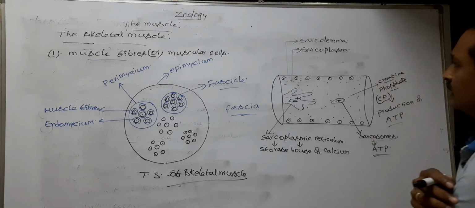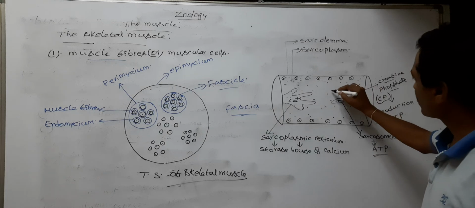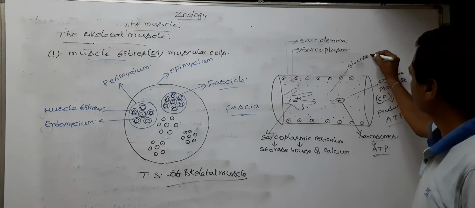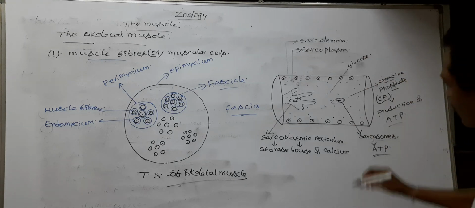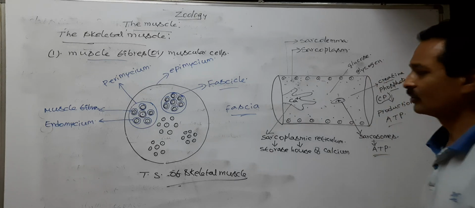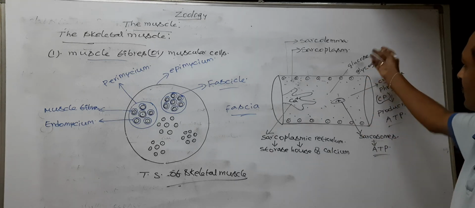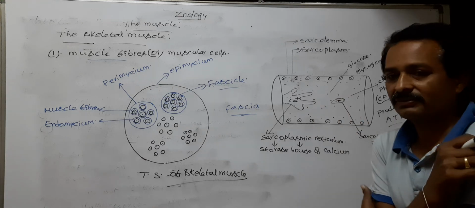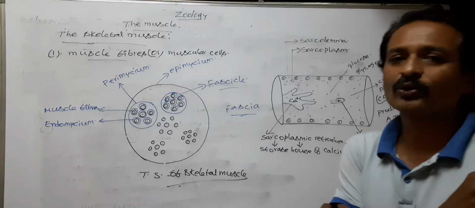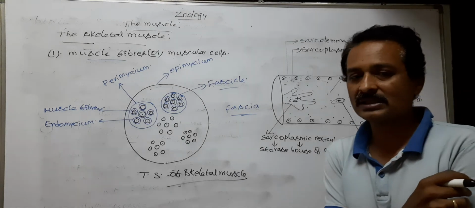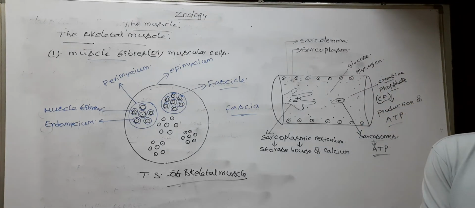Next, the sarcoplasm also contains glucose and glycogen. Glucose gives energy for muscle contractions. Next, skeletal muscle fibers also contain myoglobin. Hemoglobin in the skeletal muscle is called myoglobin.